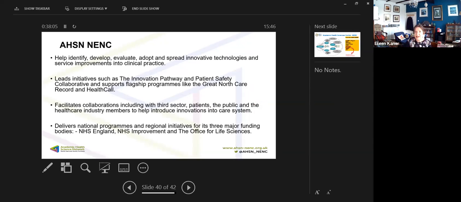It leads things like the Patient Safety Collaborative and the Great North Care Record, which is trying to link the NHS and social care records so that we can actually make sure people are supported. The AHSNs are also focused on trying to build collaborations between the voluntary sector and businesses and patients and universities.